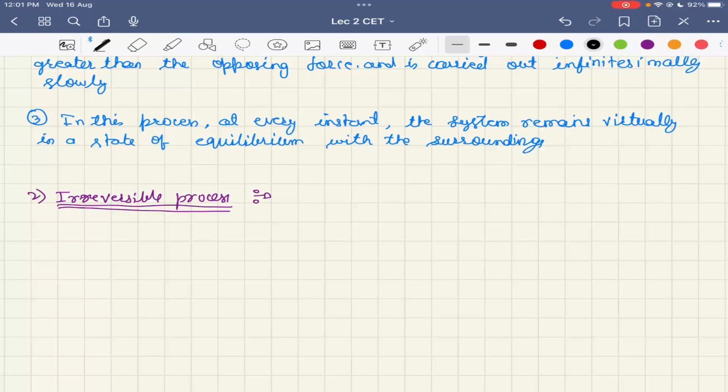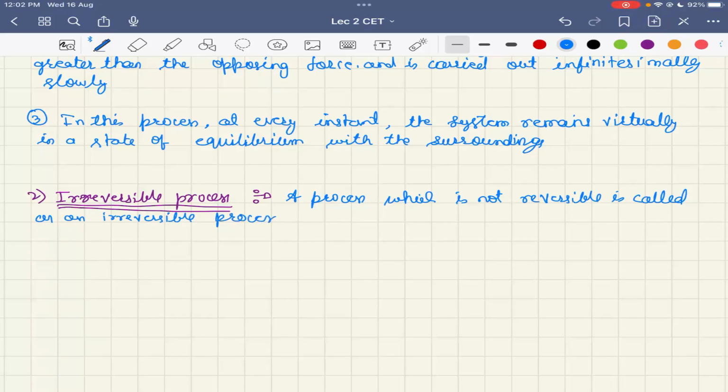A process which is not reversible is called an irreversible process. The driving force in this type of process is very different from the opposing force, and all natural processes are irreversible. So, number 1, a process which is not reversible is called an irreversible process.